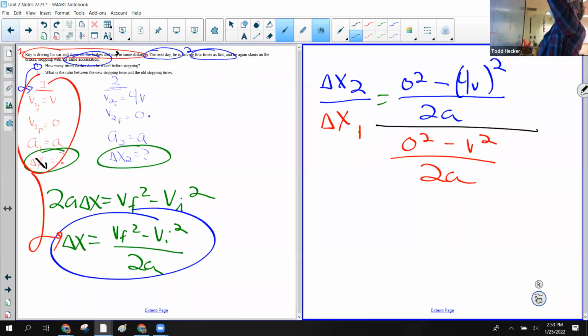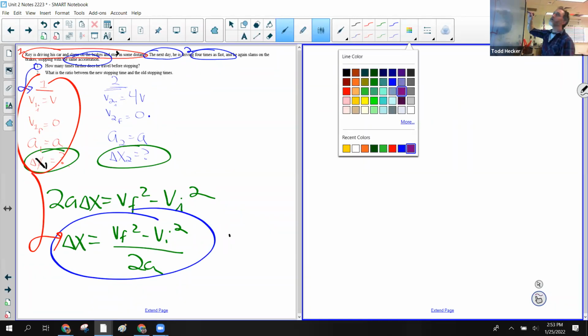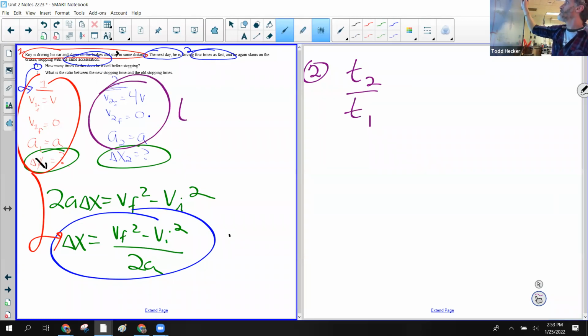All right. And then question number 2 asks about the ratio between the stopping times. So for question number 2, let's do that using, I don't know, purple. For question number 2, I want the time on day 2 divided by the time on day 1. So again, using my given information, time is VF minus VI over A, right?